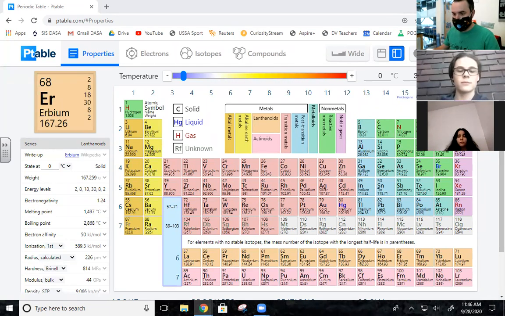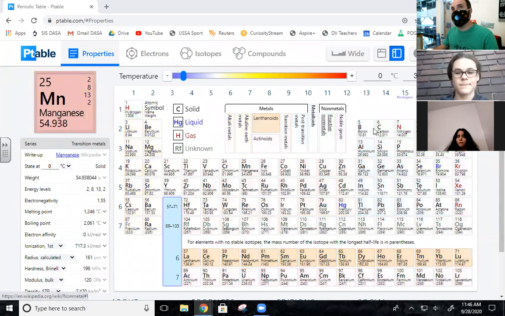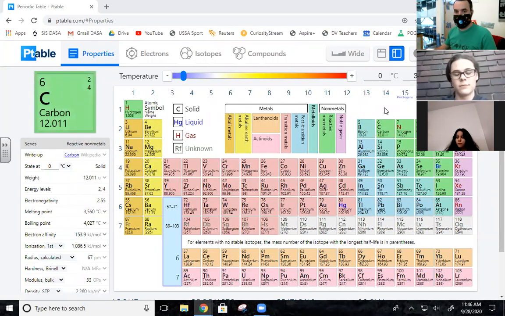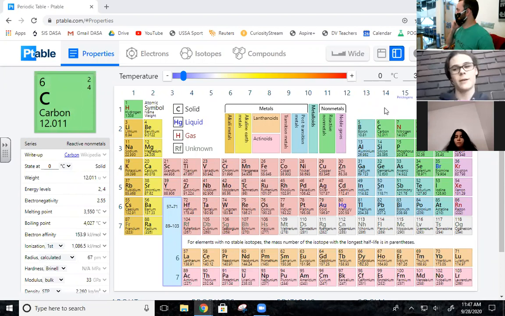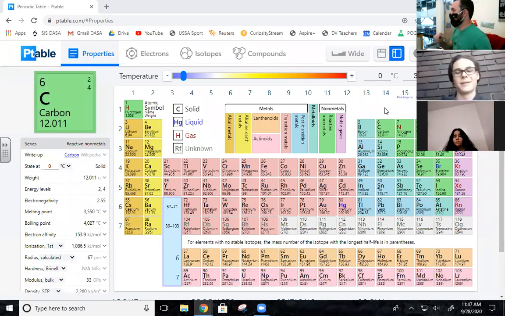So the first thing that we need to talk about is atomic radius. Okay, so what is atomic radius? It's pretty simple. Elijah, Jeanette, Ben, Christian, Jane, Quinn. What is an atomic radius? The distance away from the electron.